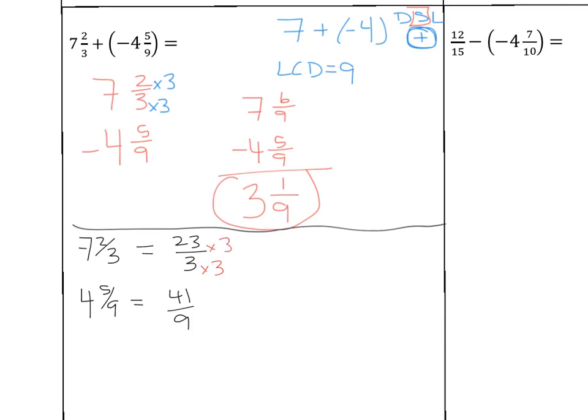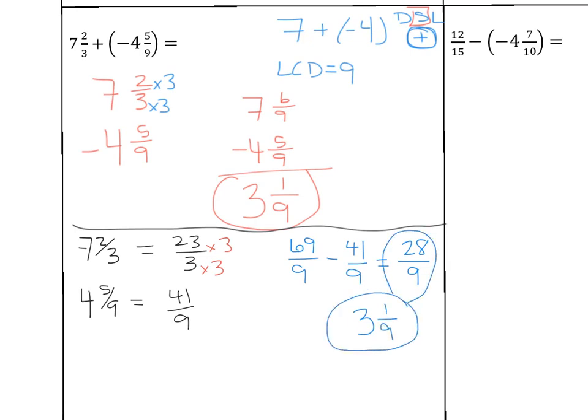Notice my numbers are getting bigger and bigger as I go through here. So then 23 times 3, we have 69/9 minus 41/9. Leaving us with 28/9. And if we put that back, I can take 3 groups of 9 out. That's 27 with 1 left over. Leads us to the same answer.